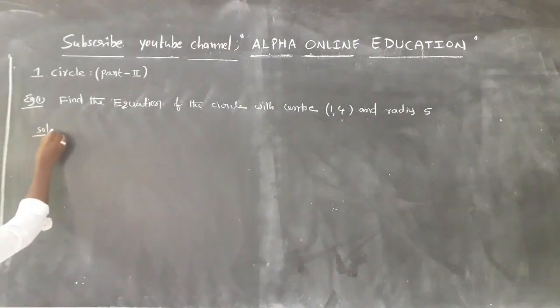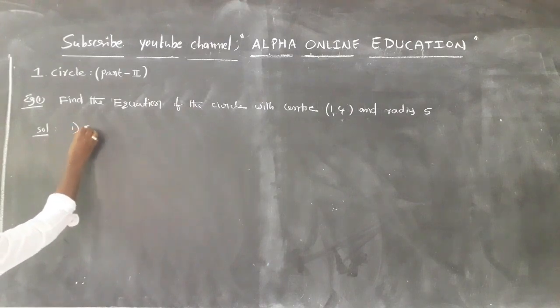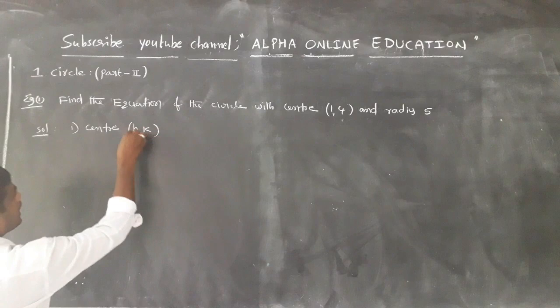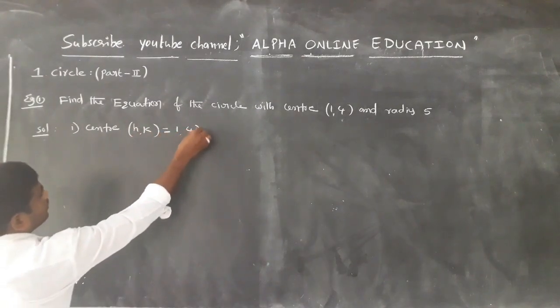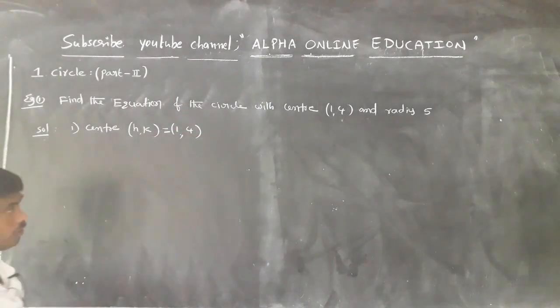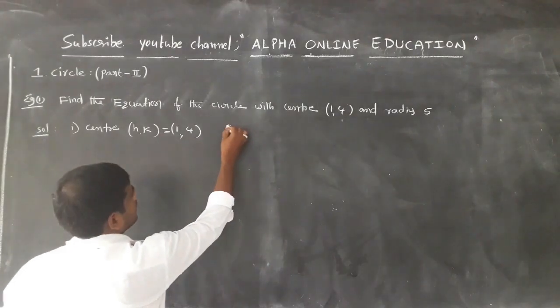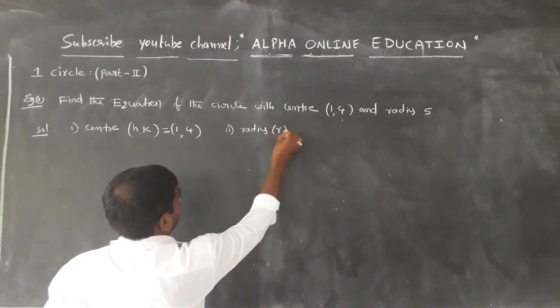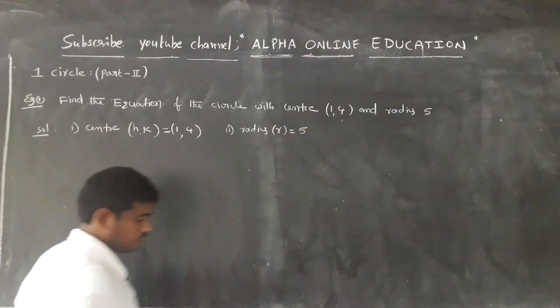Solution. Here given that first one is center h comma k is equal to 1, 4. Second one is radius small r is equal to 5.